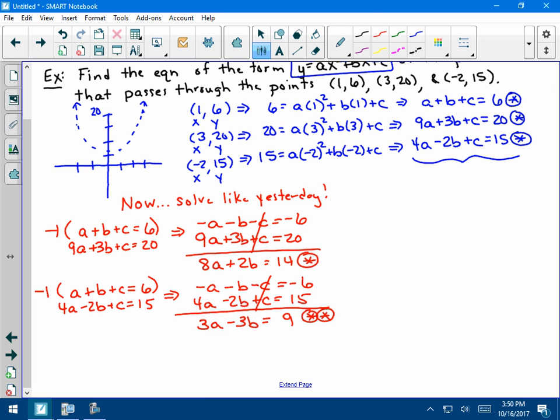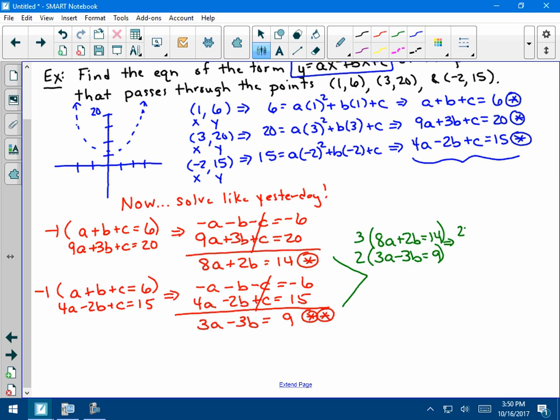Okay, now remember what we do with those. We take those two equations, eliminate a variable. So I have 8a plus 2b equals 14 and 3a minus 3b equals 9. Which variable would you eliminate? I'd get rid of b because one of them is positive and one of them is negative already. So I want to get rid of b: I multiply this one by 3, and this one I have to multiply by 2.